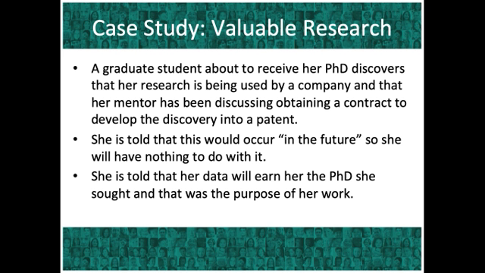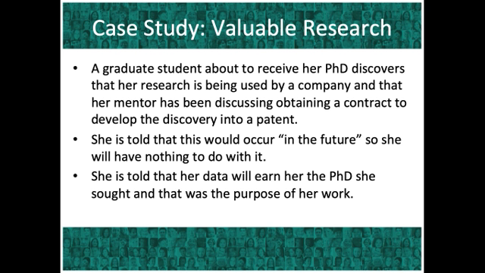Imagine that you're a graduate student and you're about to receive your PhD, and you discover that your research is going to be used by a company, and that your mentor has been discussing obtaining a contract to develop the discovery you made as part of your PhD research into a patent. Now you might be told that this is going to occur in the future and you're going to have nothing to do with it.